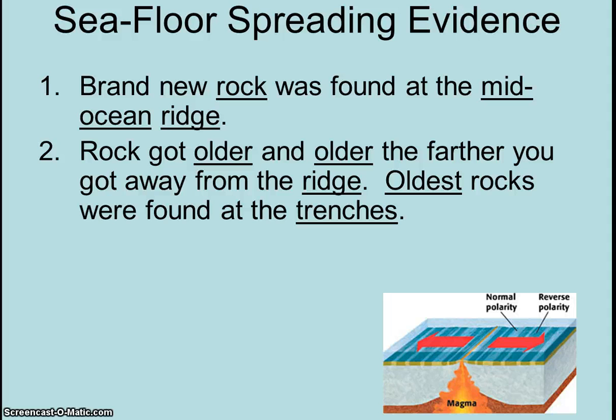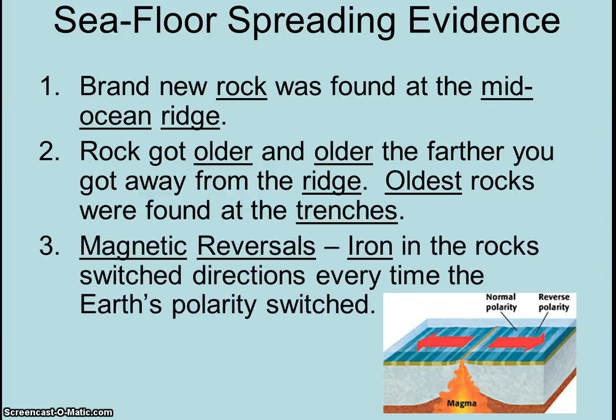At 300 miles, it would be even older and the same age on either side of the ridge. So as the arrow indicates there, and you can kind of see the stripes on the ocean floor, could represent also the age. So the further away you get from the mid-ocean ridge, the older the rock is.